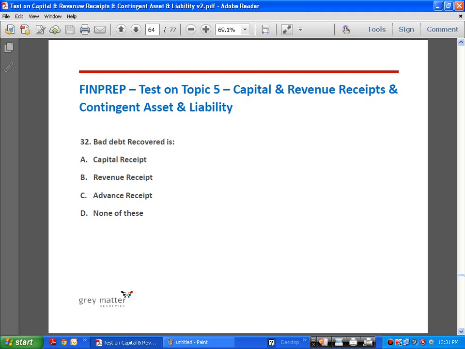Debtors which we think are irrecoverable will be written off, but in case we recover some money against the debts that were earlier written off, since collection from debtors is a revenue receipt, similarly bad debts recovered is also a revenue receipt.